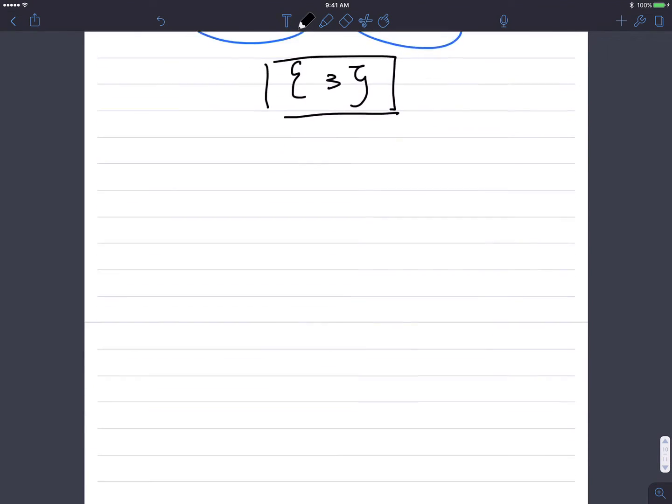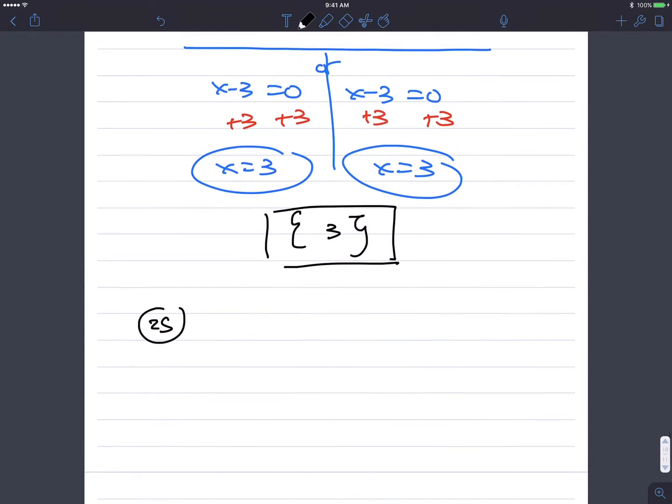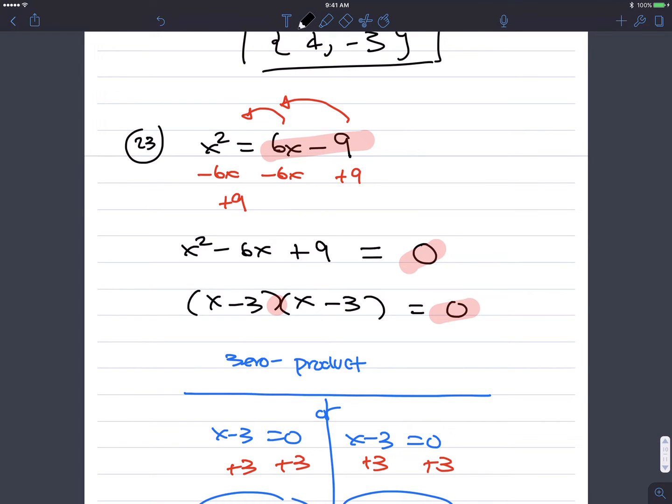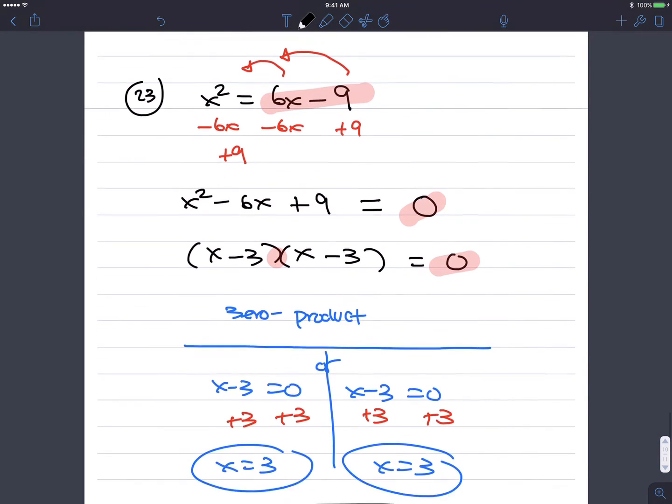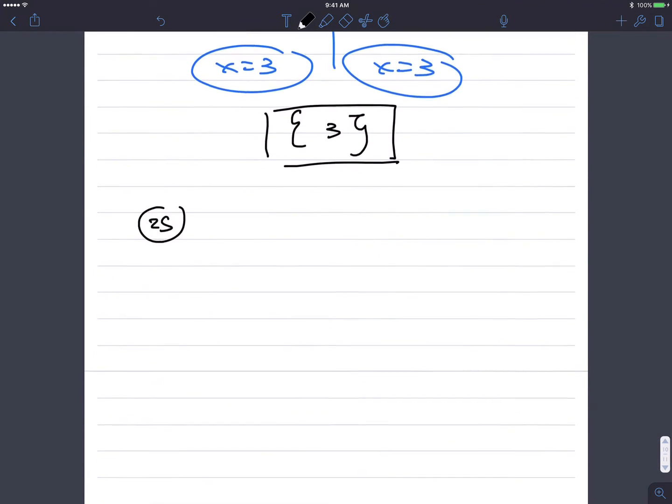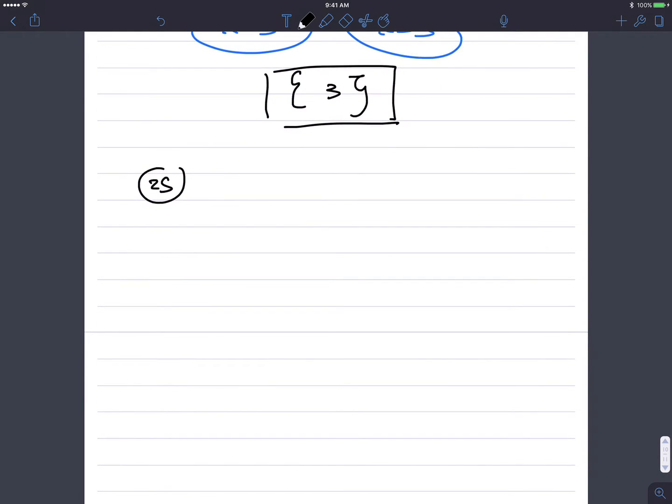Okay, so this is number 25. Or was that already 25? Let me see. Maybe we made a mistake here. 23. X squared. Oh, it's okay. 25 here.